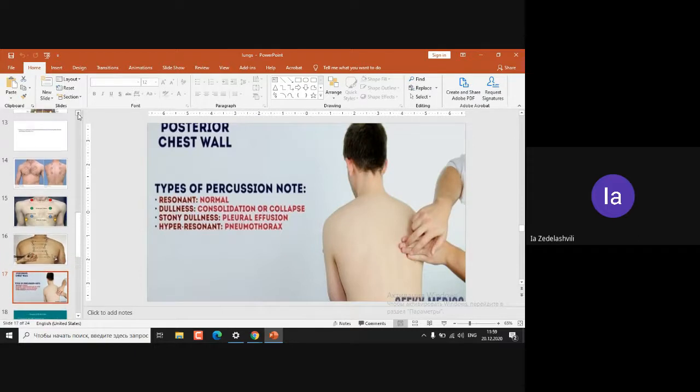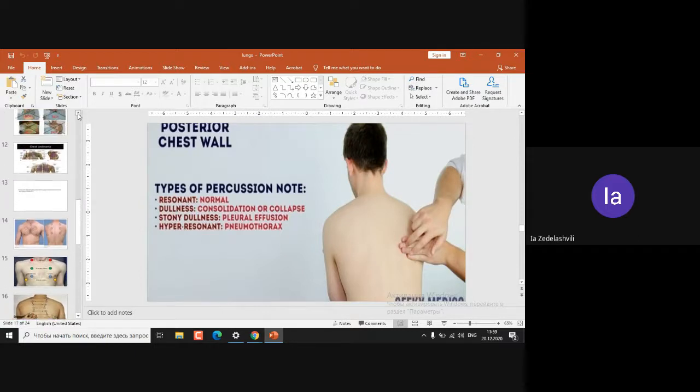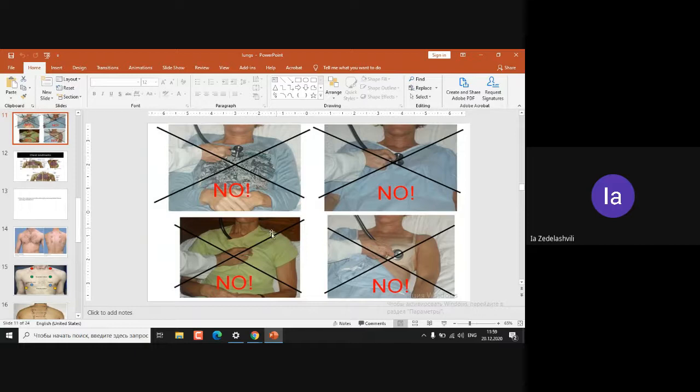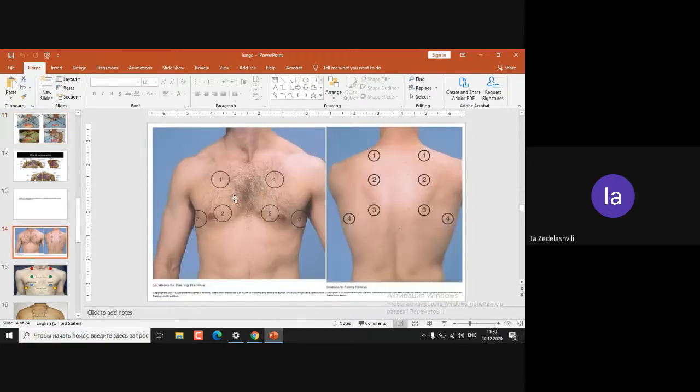So once again, what we have to do. You understand that we cannot check our patient through the tissue. It will give you changes in the sounds. So after percussion, you will do auscultation. Auscultation and percussion must be done on specific lines.